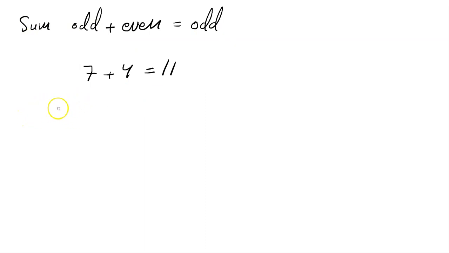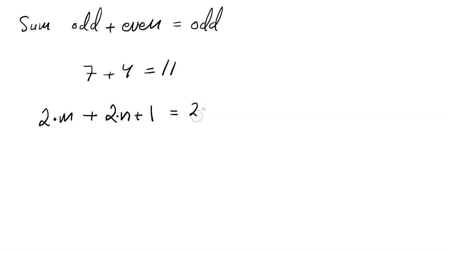We know that all even numbers can be written as 2 times m, where m is some integer. And all odd numbers can be written as 2n plus 1. So if you have an odd plus an even number, we have a sum of this type. Okay, so we have our even number and odd number.